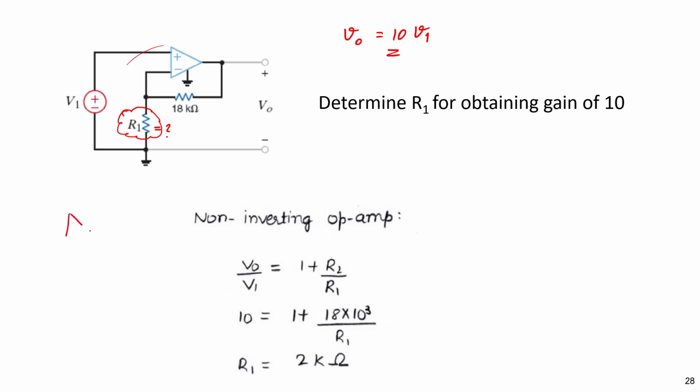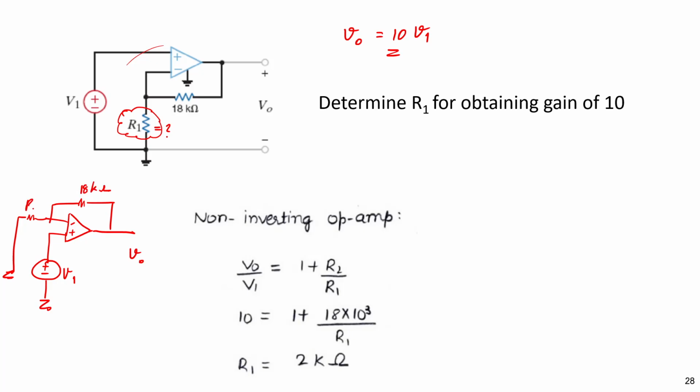So negative, positive, and this is plus minus. This is V1, and this is the non-inverting amp. Now, this is 14 k ohm.